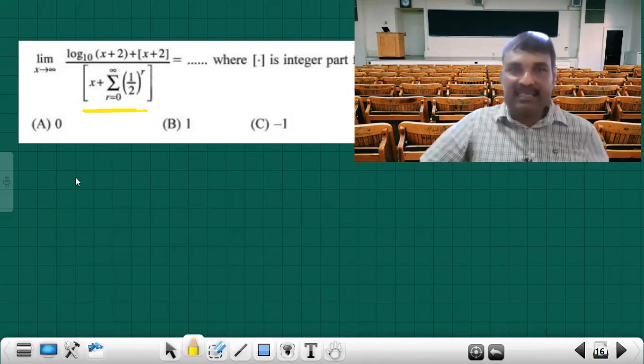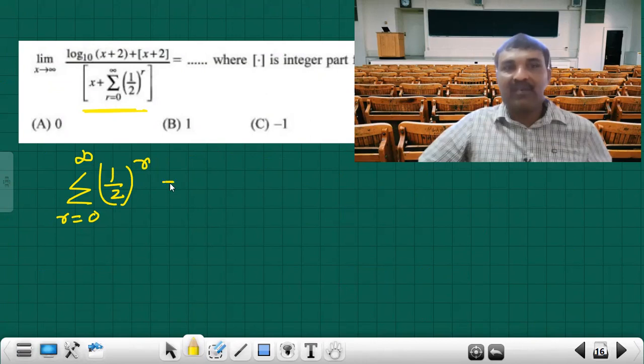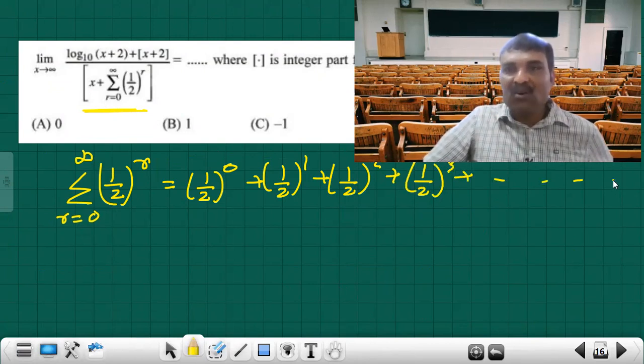First, we can evaluate the value of the summation. The summation, r varies from 0 to infinity, of 1 by 2 raised to r. So we can write that as 1 by 2 raised to 0 plus 1 by 2 raised to 1 plus 1 by 2 raised to 2 plus 1 by 2 raised to 3, and so on.